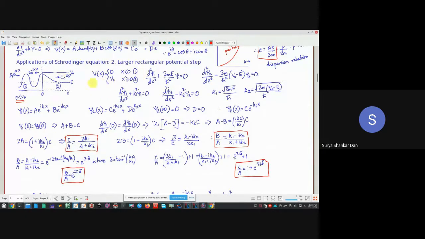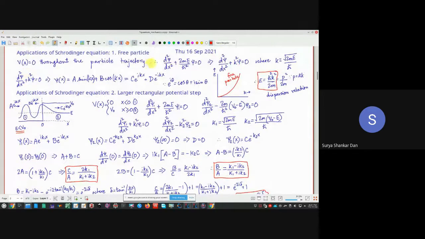So now, region 1 is where x is less than 0, and region 2 is where x is greater than 0. So when x is less than 0, look, the sine wave is coming like that, and so within region 1 it is like a free particle. In the free particle, what did we see? That V(x) is equal to 0.